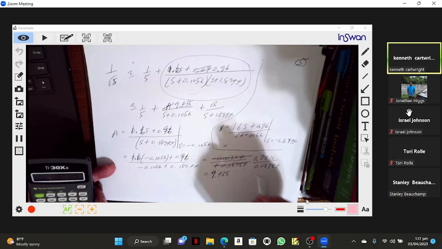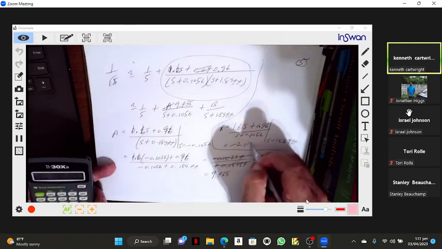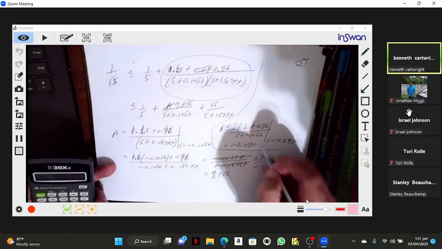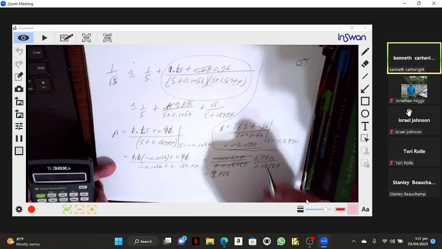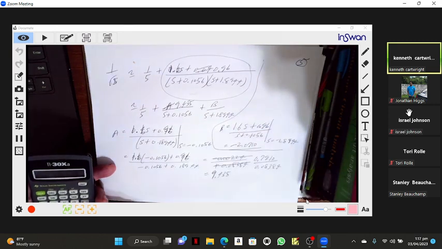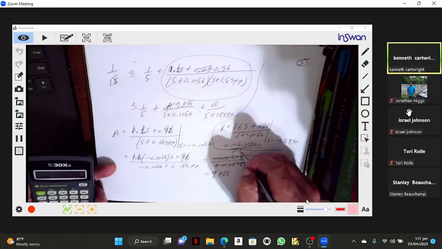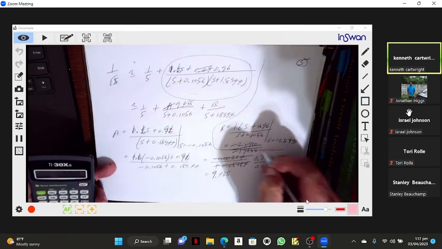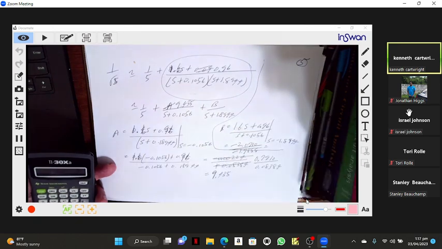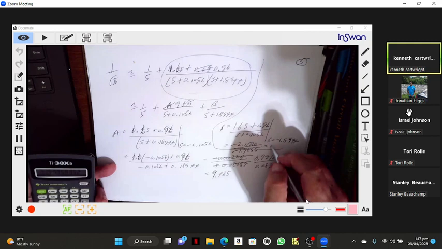That's negative 2.0710 divided by negative 1.8944 plus 0.1056, negative 1.7888, and that is 2.0710 divided by 1.7888, 1.158.